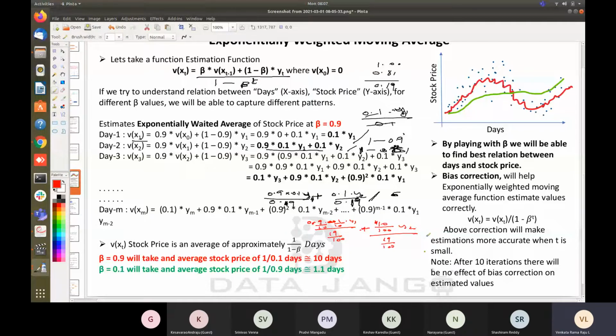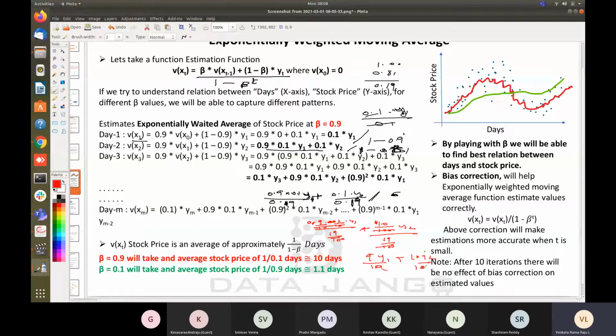Yeah, that's it. So this will cancel, this will cancel. This is 9y1 plus 10y2 divided by 19 and divided by 19.